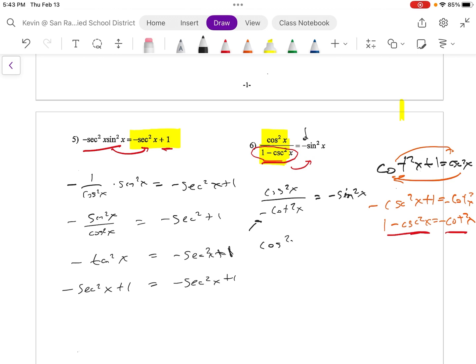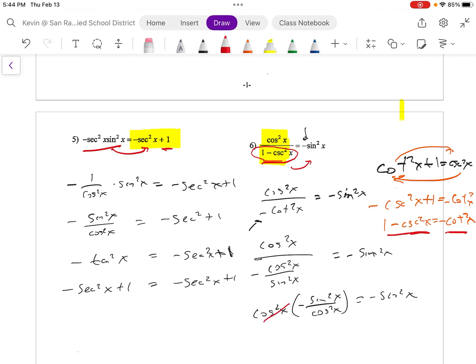Okay, so this is cosine squared x times negative sine squared x over cosine squared x equals negative sine squared x.